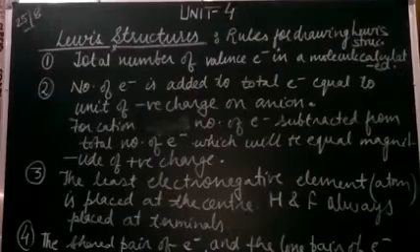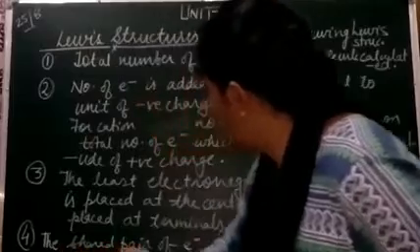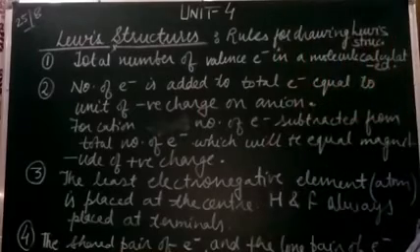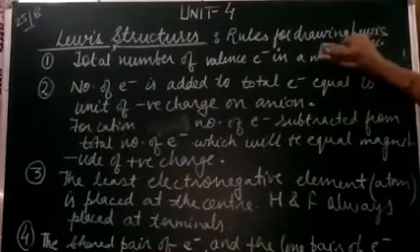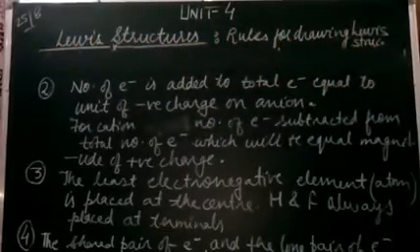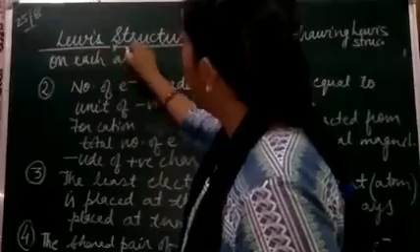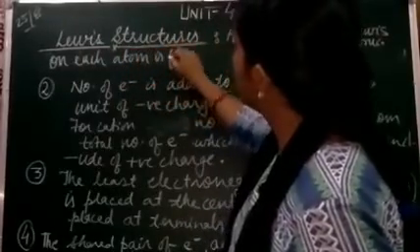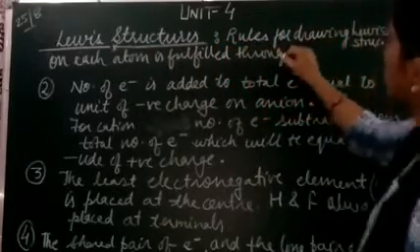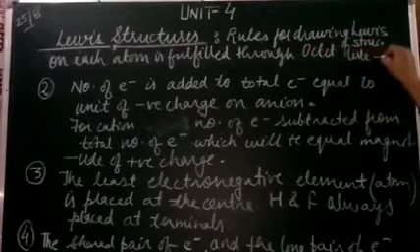The last line is not visible, so I'm just getting it noted at the top. That is, the shared pair of electrons and the lone pair of electrons on each atom is fulfilled through the octet rule, right?